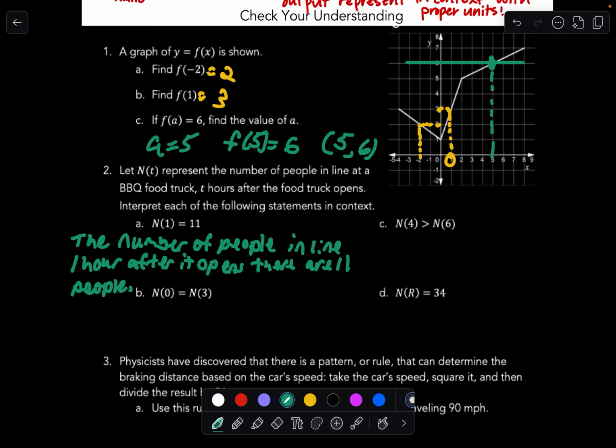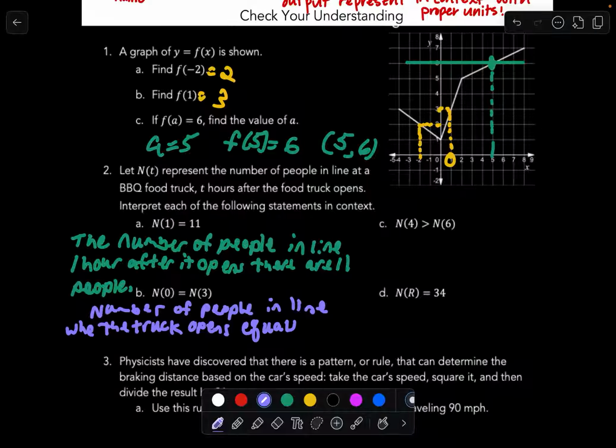Okay. So for B, if n of 0 equals n of 3, that means the number of people in line when the truck opens equals the number of people in line at 3 hours after it opens, at 3 hours after opening.